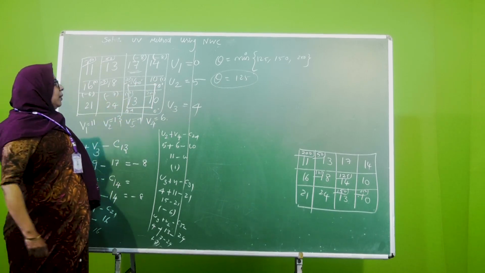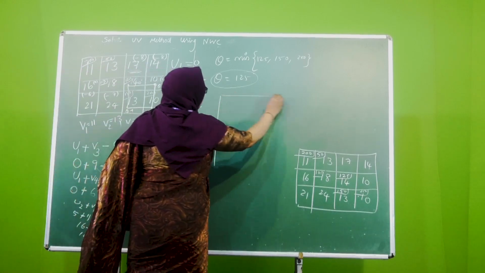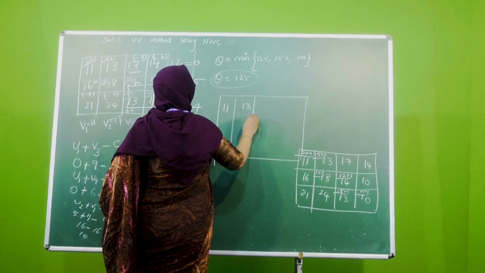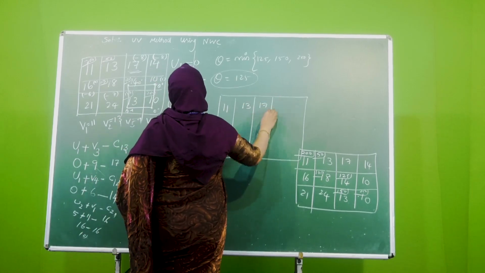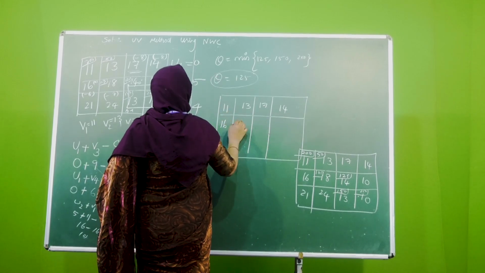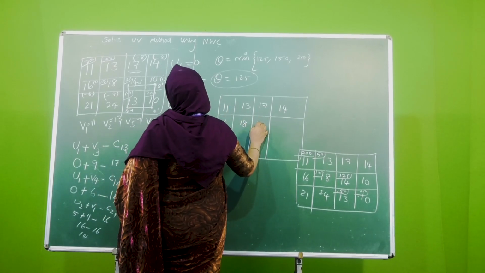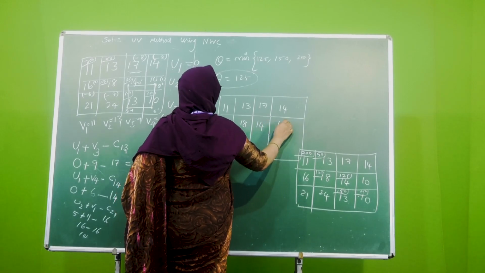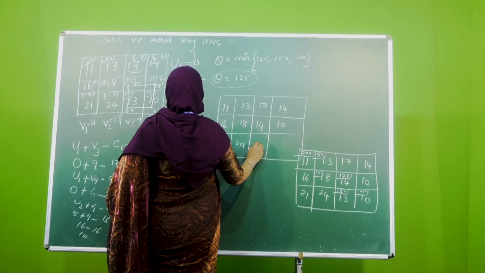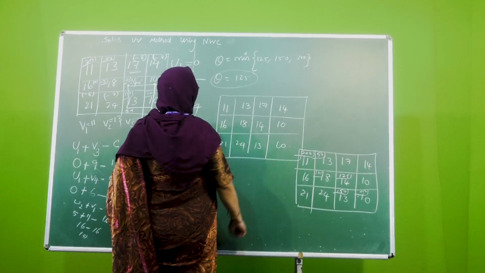In another table, we have to form 11, 13, 17, 14, 16, 18, 14, 10, 21, 24, 13, 10.